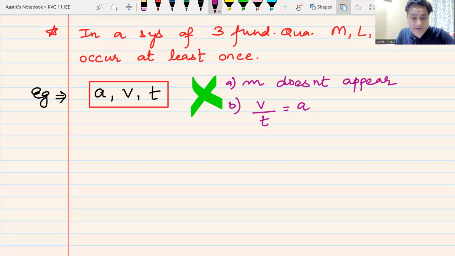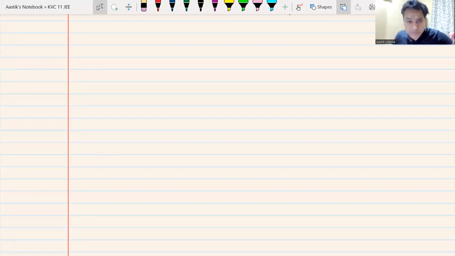One more important point that you must note, and you might get a question on this point. This point is actually similar to point number one, the use of dimensional analysis. Point number one was it helps us in converting from one unit or one system to the other system.